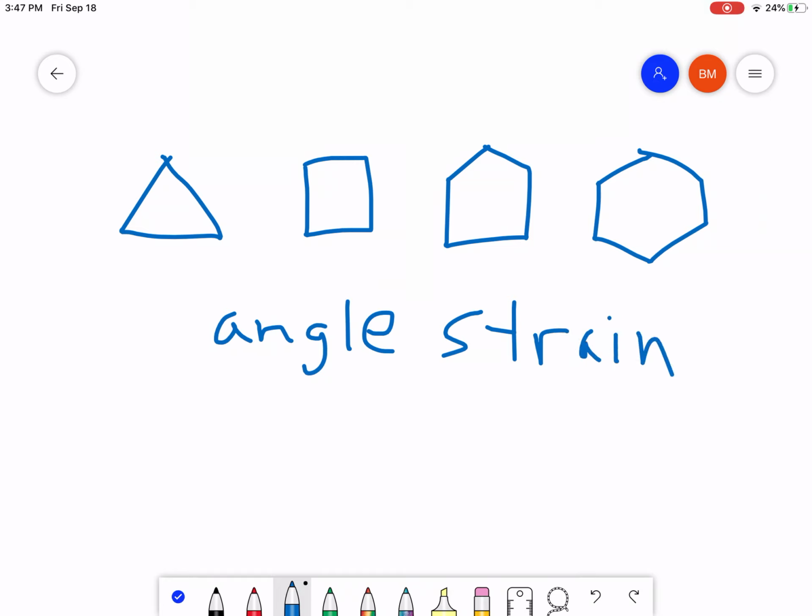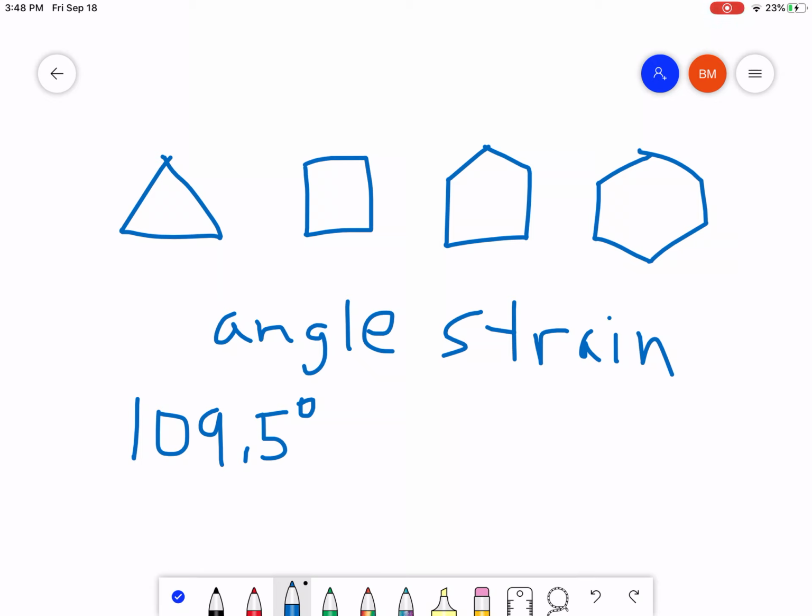If you look at all of the carbons in all of these structures, they're all going to be sp3 hybridized. That means all these carbons should have bond angles of 109.5. They all have 4 bonded atoms, so they're tetrahedral, and tetrahedral has a bond angle of 109.5.